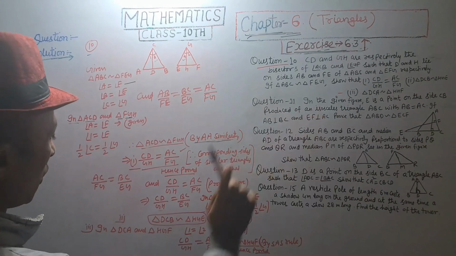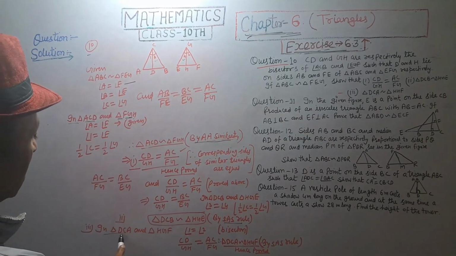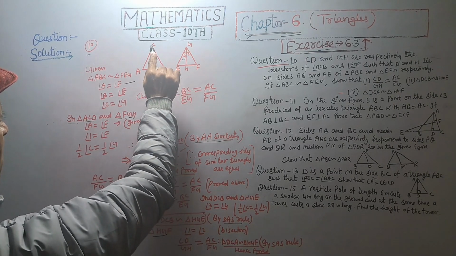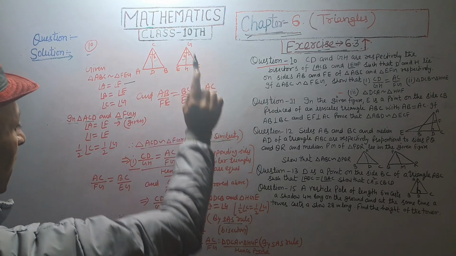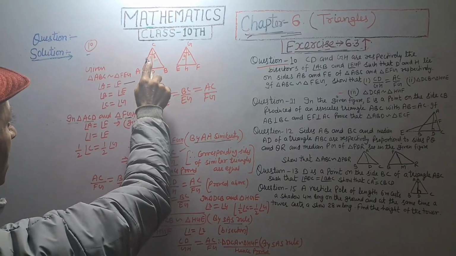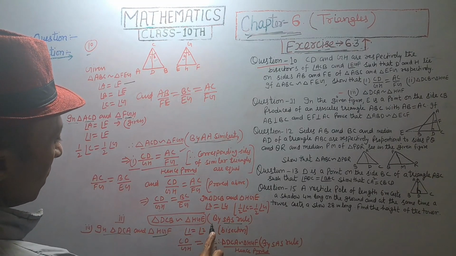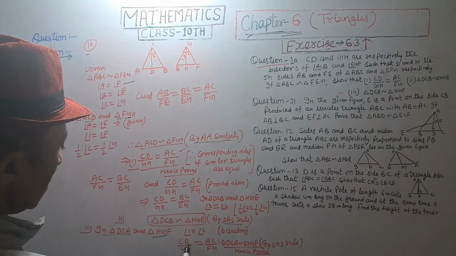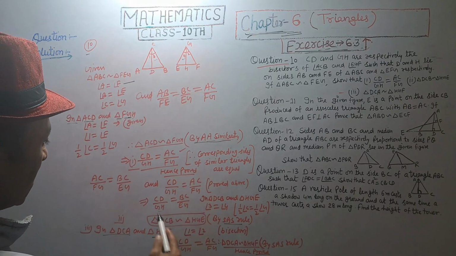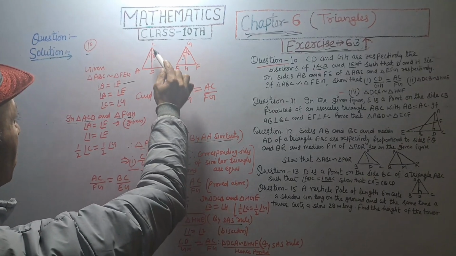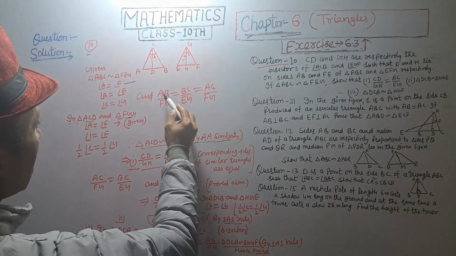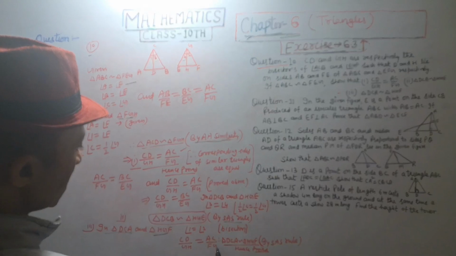and second part holds. And in triangle DCA and HGF, angle 1 is equal to angle 2 by bisectors, and CD upon GH is equal to AC upon FG.